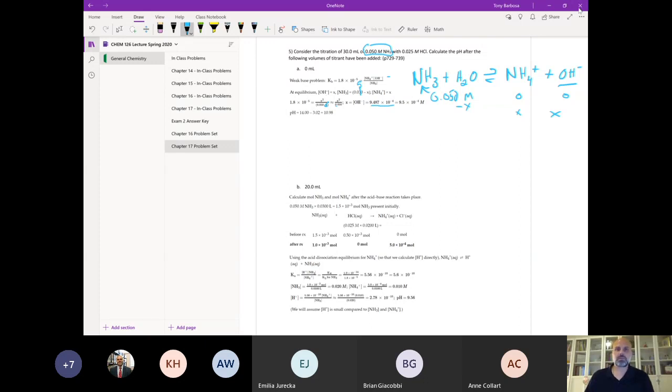Then you take the minus log of the hydroxide and get the pOH, which is 3.02. Then you calculate your pH to get a pH of 10.98, which makes sense. You get a basic solution because you're adding a base to water. You end up with hydroxide, which gives you a base.